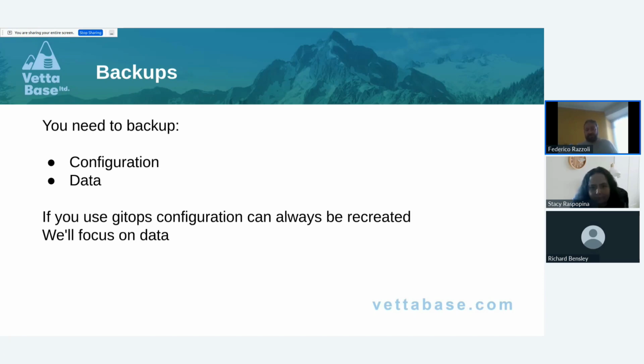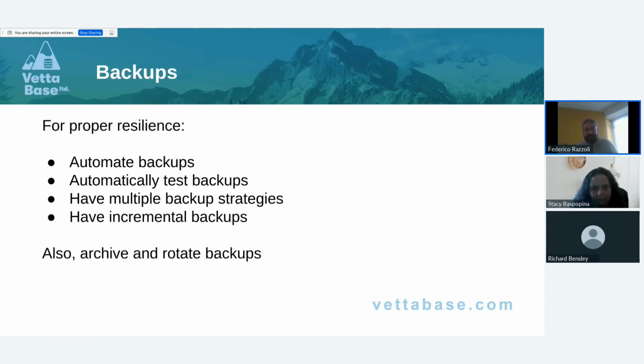Data, well, obviously you need to back up data. We'll focus on this. And to have full resilience, we need to do these things. Automate our backups. I mean, obviously, they should run, for example, every night, every week, or whatever.